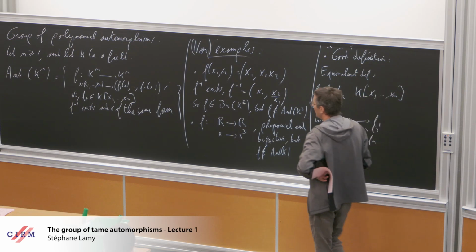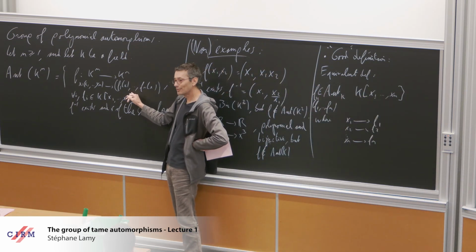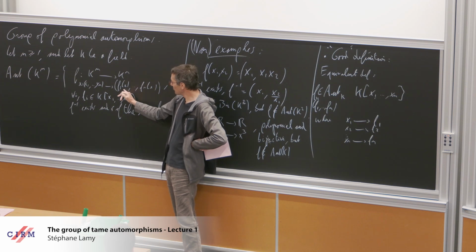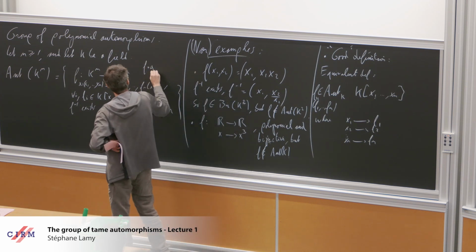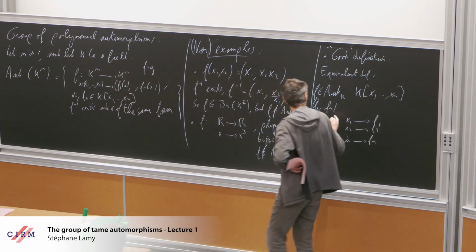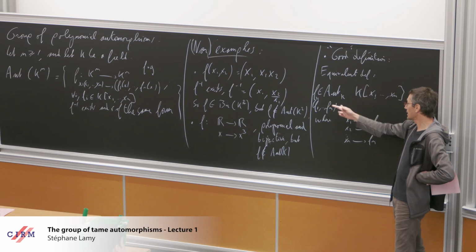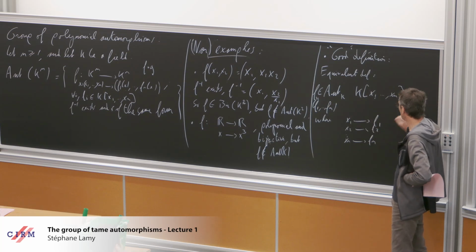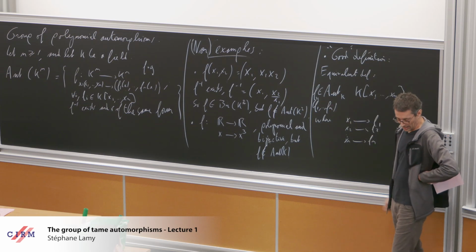I'm more on the dynamical side, so I like to compose in the normal way at the level of points. So when I write f∘g, I mean I apply g on the point and then f. But when you do a substitution, if you compose the same ones, you're going to get g∘f. It reverses. If you substitute, it's not the same as acting on points.